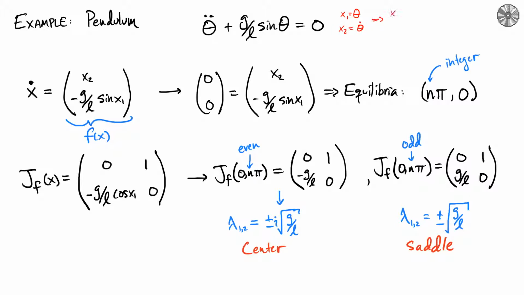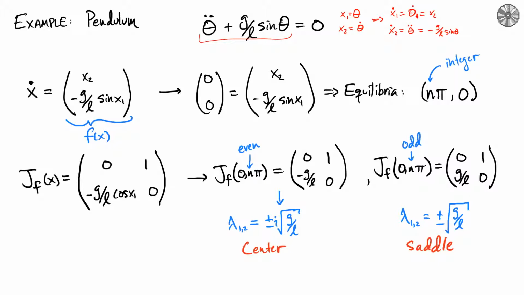This then tells us x1 dot is theta dot, and that is in fact x2. x2 dot is then theta double dot, and this is where we get to use our differential equation, which says that theta double dot is equal to minus g over L sine of theta.